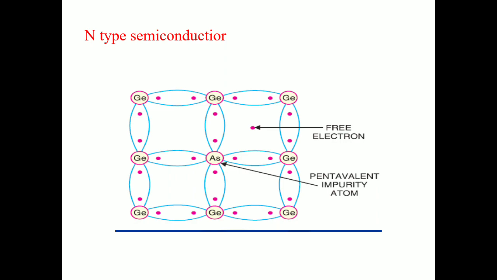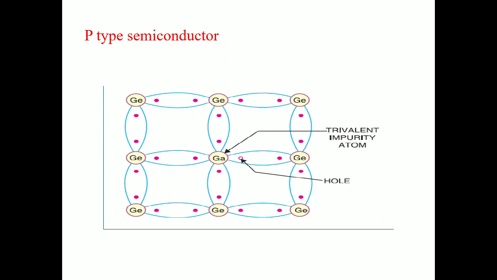What about the p-type semiconductor material? A small amount of trivalent impurity added to the pure semiconductor is called the p-type material. Examples are boron, gallium, and many other materials.